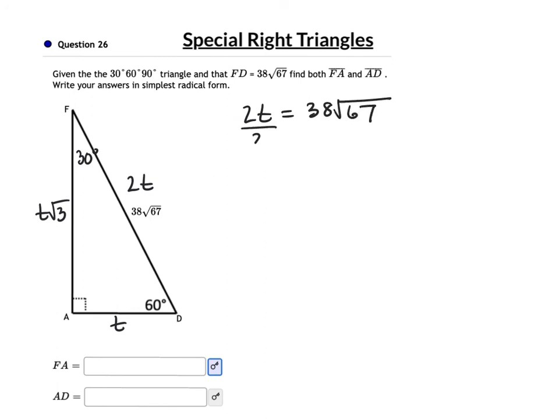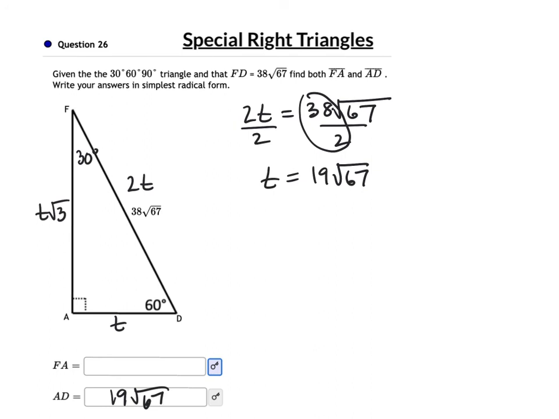I'll divide both sides by 2. These are both whole numbers or integers, and there's times here, so I can cancel and simplify. This is 19 root 67. So AD is t, which is 19 root 67.